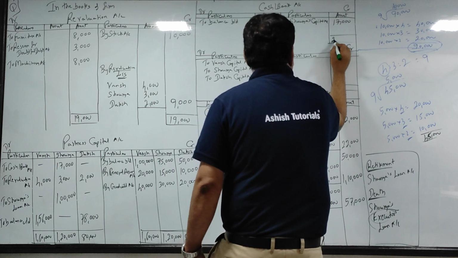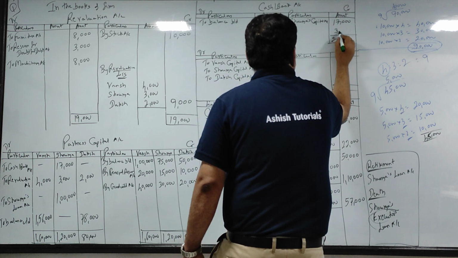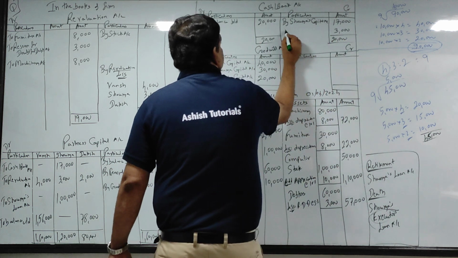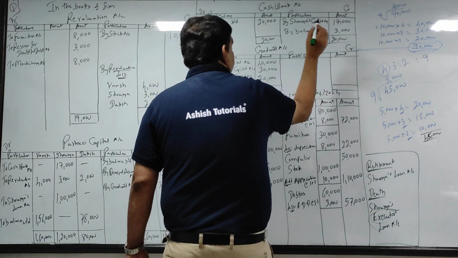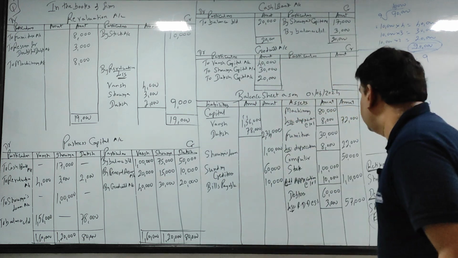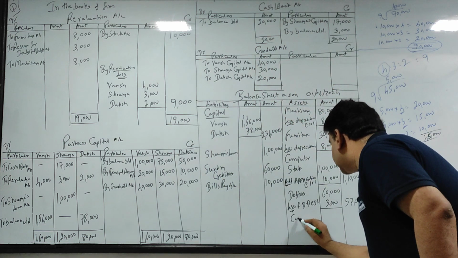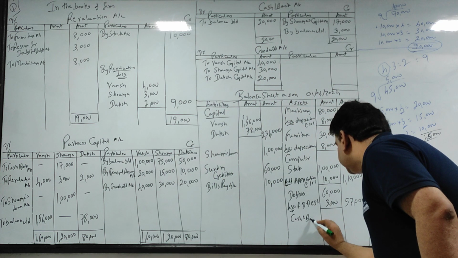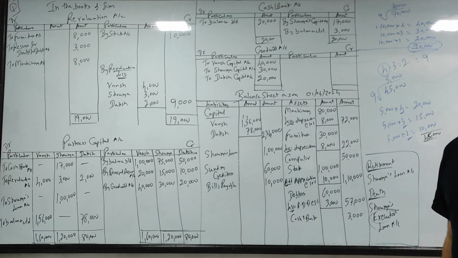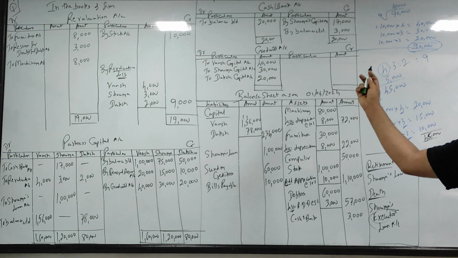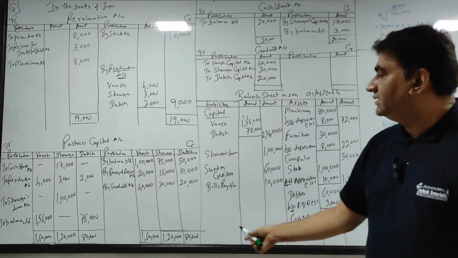Now exactly the same way, close cash and bank. So 20 and 70, 3,000, by balance carried down, come to the asset side. Cash and bank 3,000. You all know, the debit side is more, I've explained you multiple times.